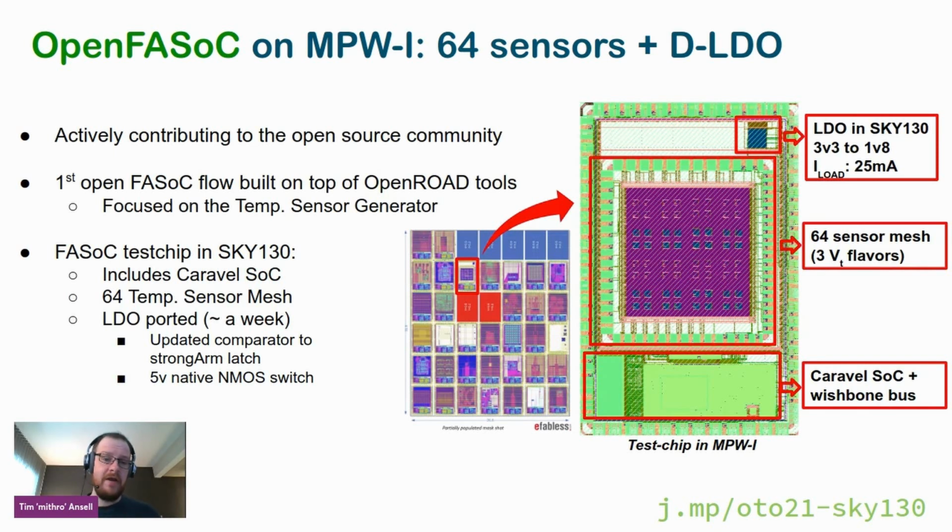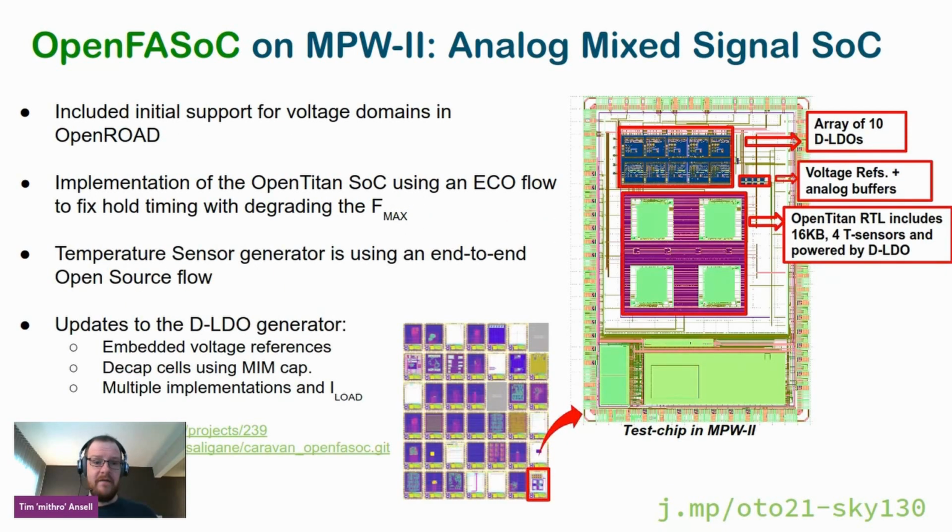The first one, they focused on having a design for an LDO and a mesh of temperature sensors. The second one, they went even further and started doing an analog mixed signal SoC, and used the OpenTitan RTL from Google's OpenTitan project to build a full mixed signal SoC using fully open source tools.